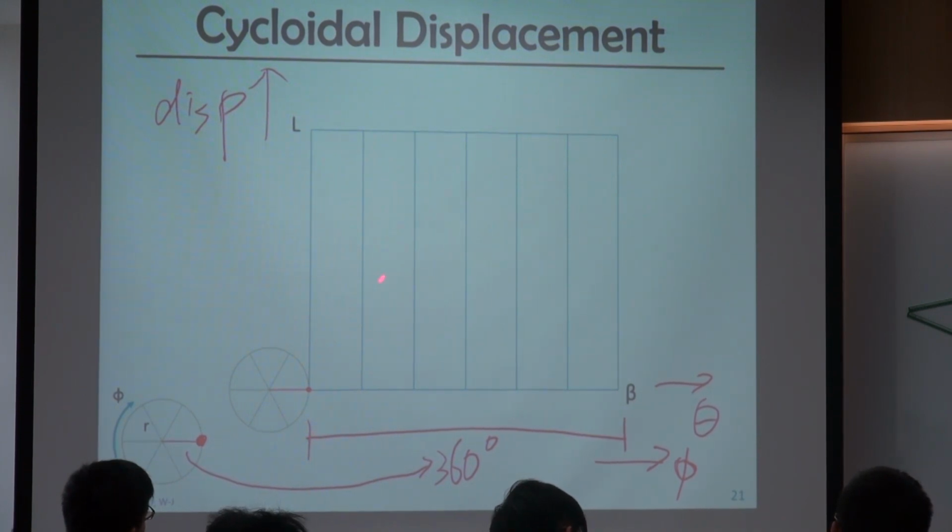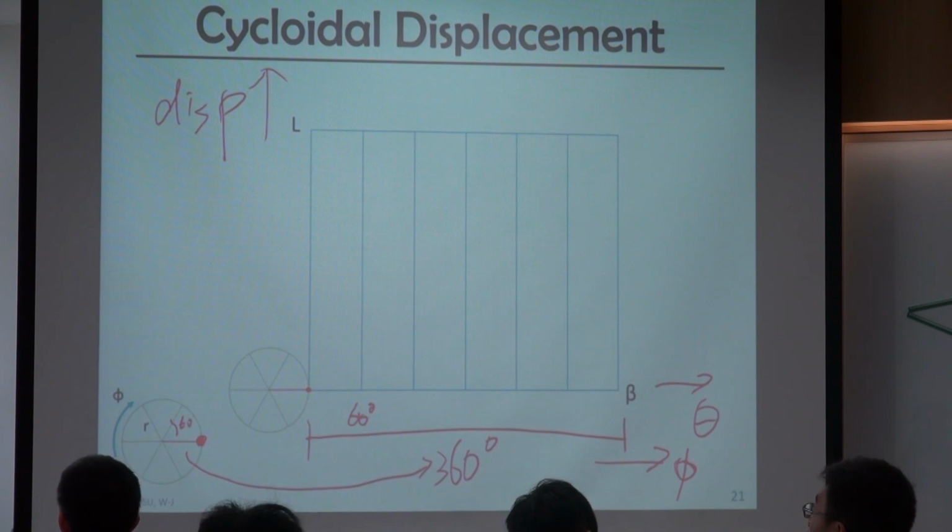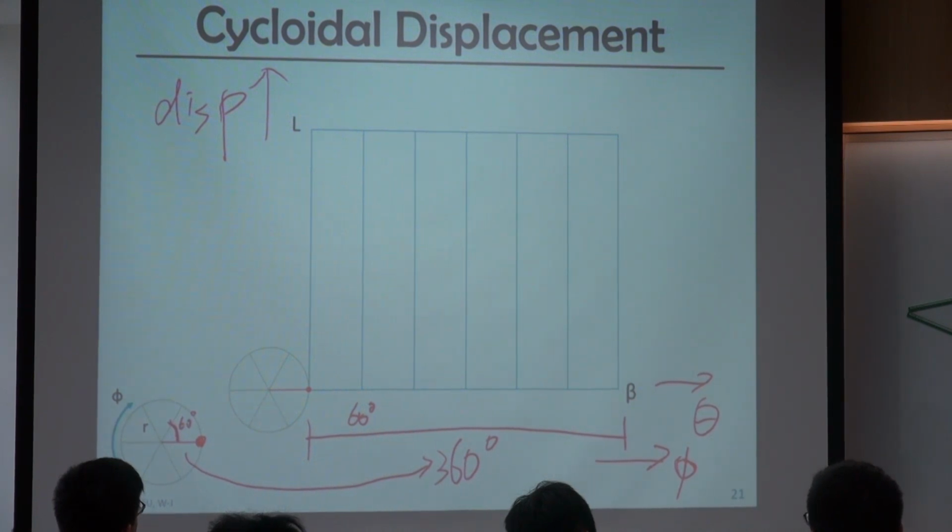Right now I divide, in this graph, into 6 segments. So each segment means 60 degrees. Each time I divide it, I will roll it by 60 degrees and project.